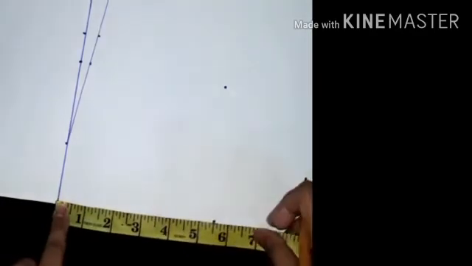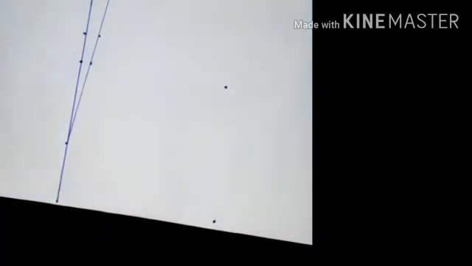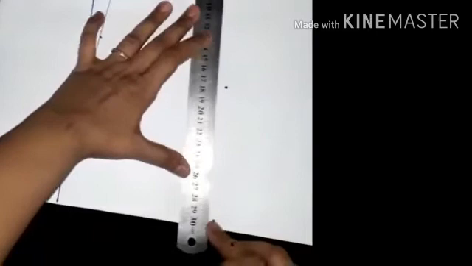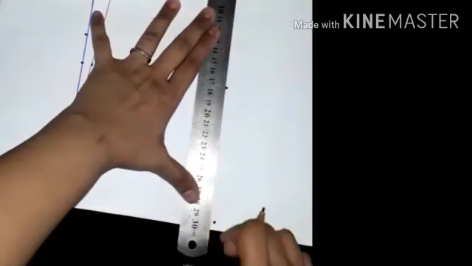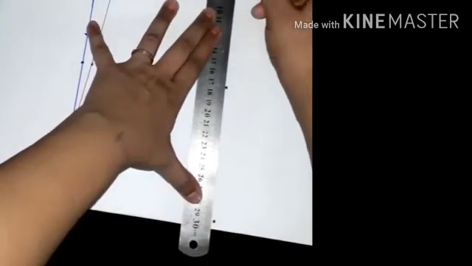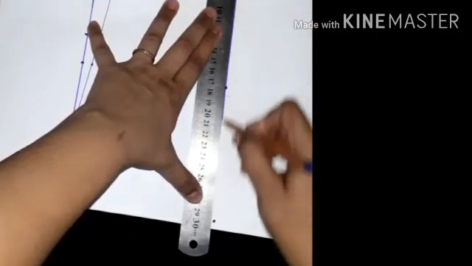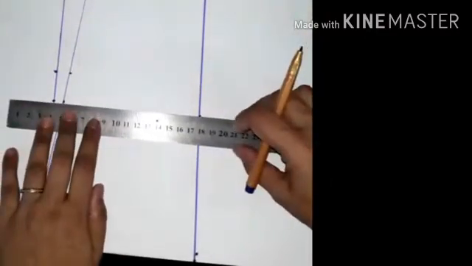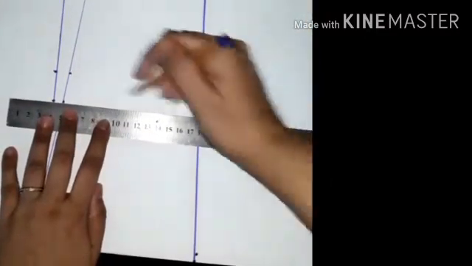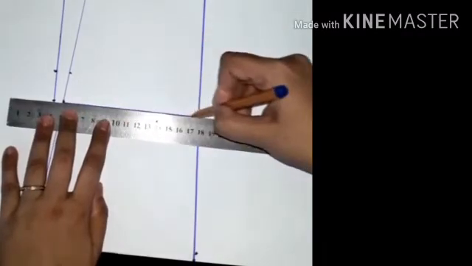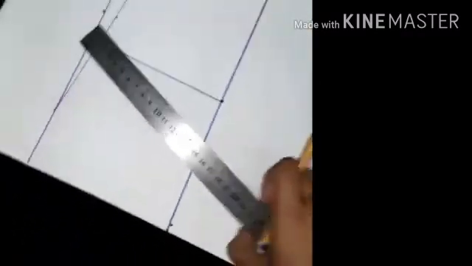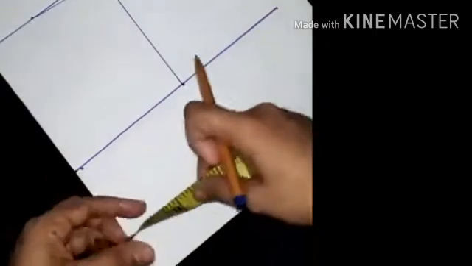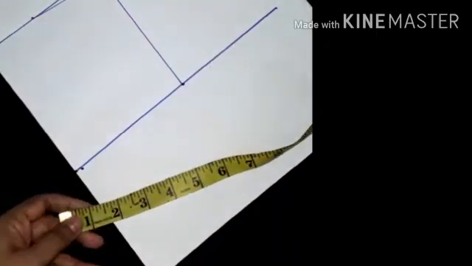One thing to keep in mind, the chest line point and the armhole point should be parallel to each other. Draw a straight line. Now draw a straight line from shoulder slope to armhole.